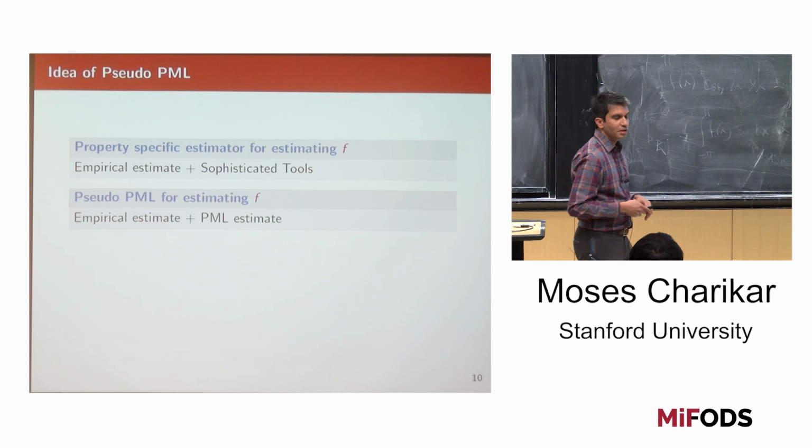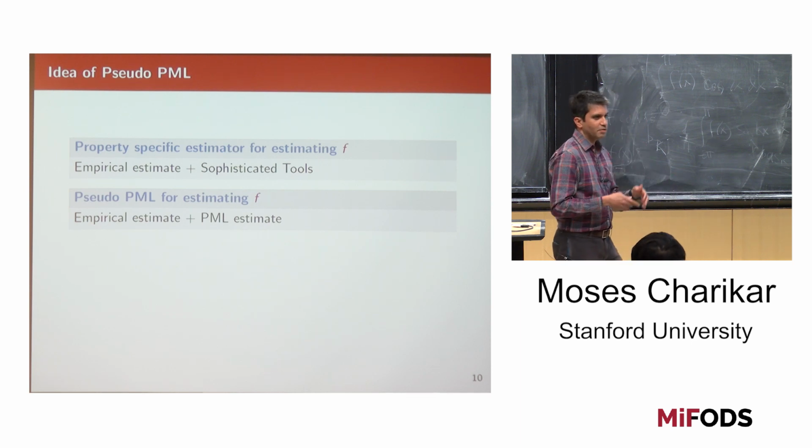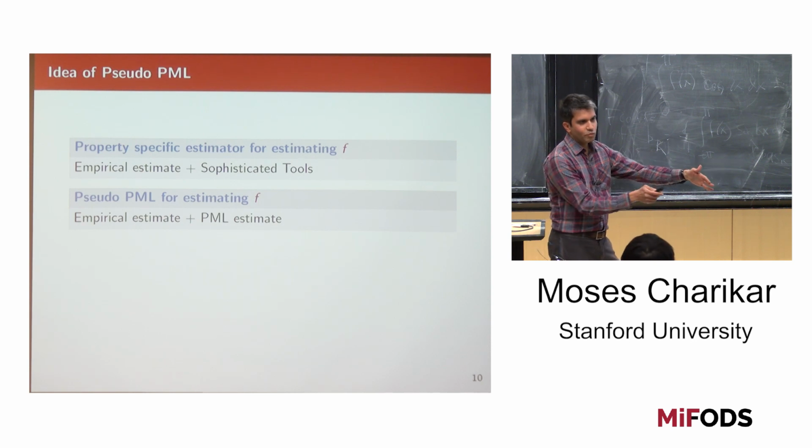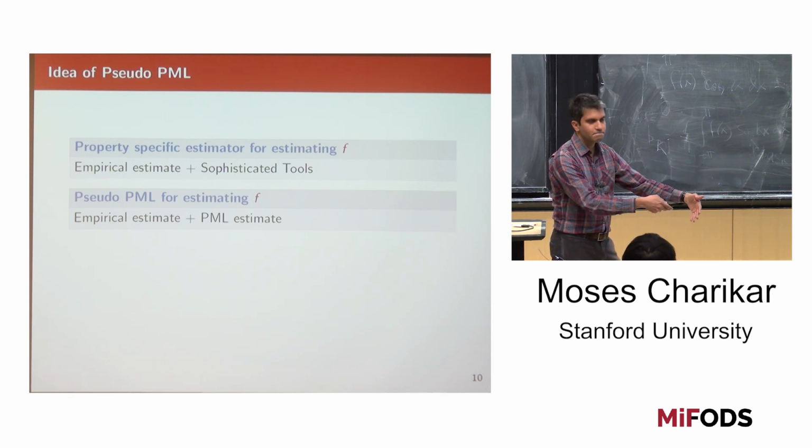So for example, you could have some properties where you cut off at about, let's say, 10 log n. For elements that appear more than 10 log n times, the empirical estimate is pretty good. You can use that as your estimate of the probability. For all the frequencies that are less than 10 log n, we're going to do a PML on that.